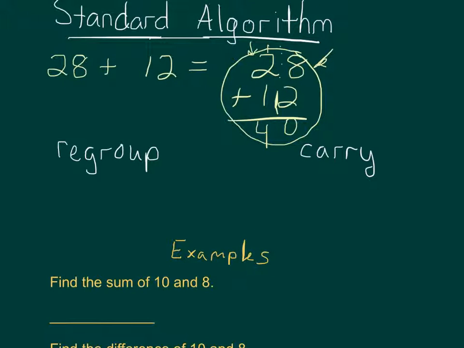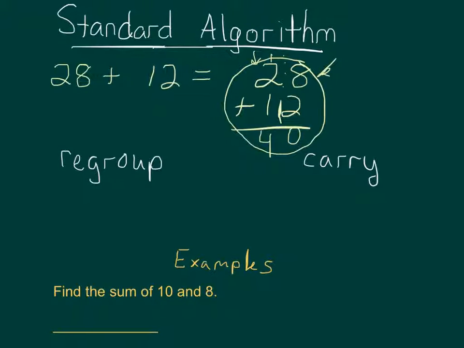Regroup. Regroup is when you have to borrow. So let's say you're going to do something like 42 minus 8. So when you do 42 minus 8, you can't. Anytime that the top number is smaller than the bottom number, you're going to have to regroup. You're going to have to go to the next place value, which is where the 4 is.